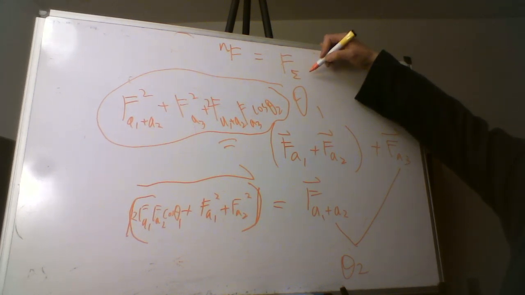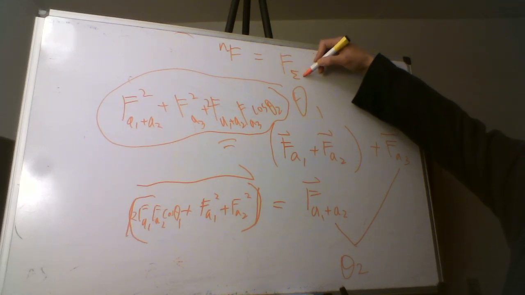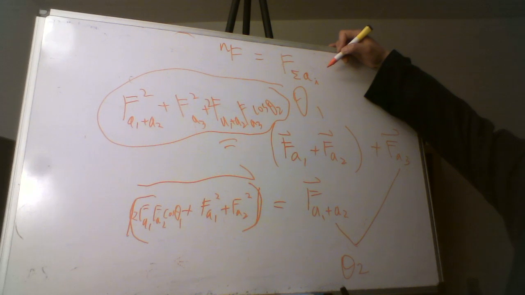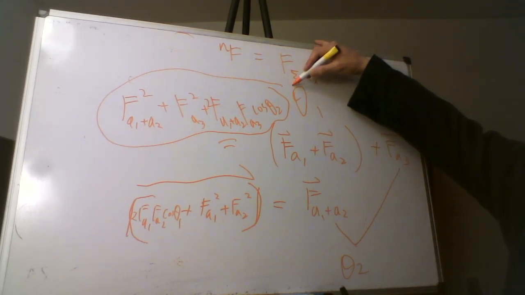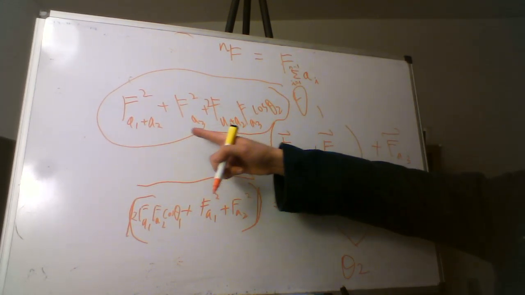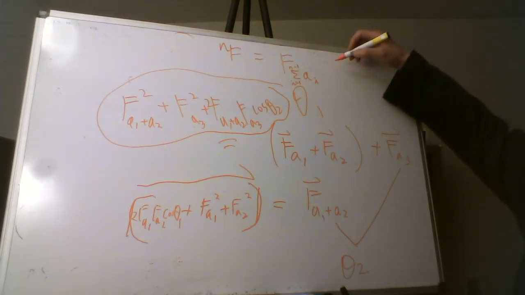Sigma a i, i is from 1 to n minus 1, okay? Yeah, three vectors.